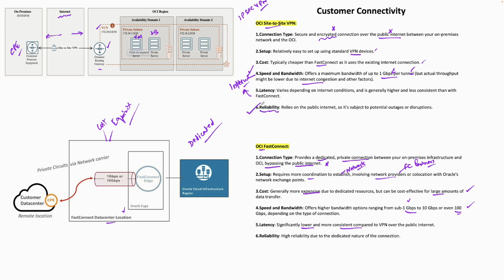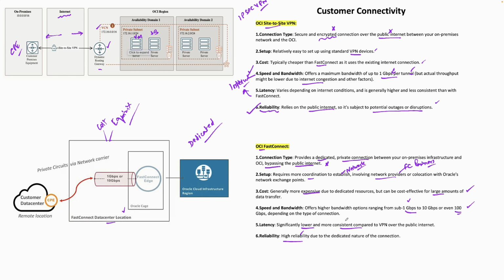Reliability. Obviously, if you are paying less or not paying at all, you can't rely on it, right? Because you are relying on the public internet, any traffic on the public internet will have a direct impact on your traffic as well, or your workloads. So it's subject to potential outages or disruptions, right? But reliability wise, Fastconnect is quite high.